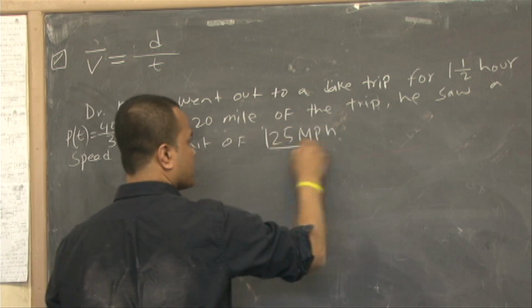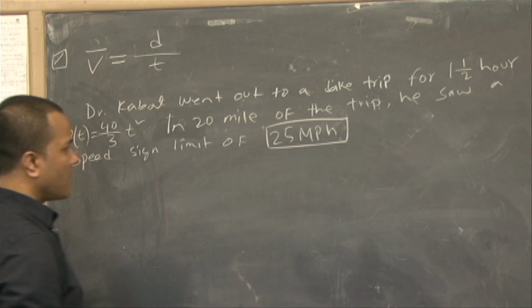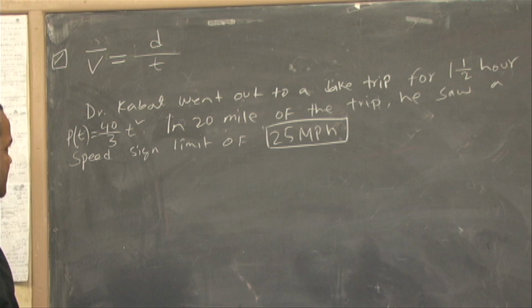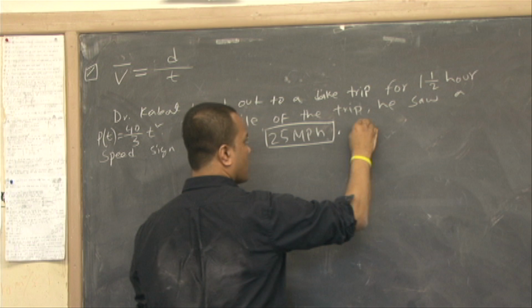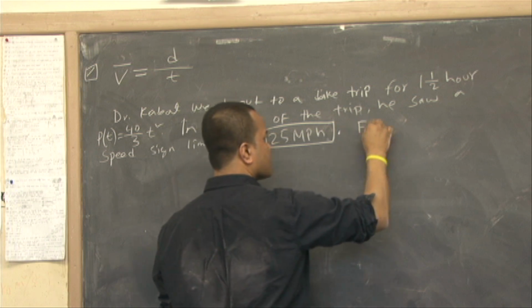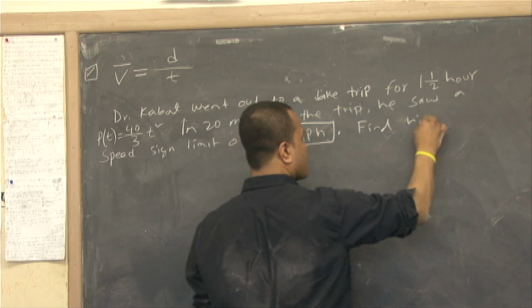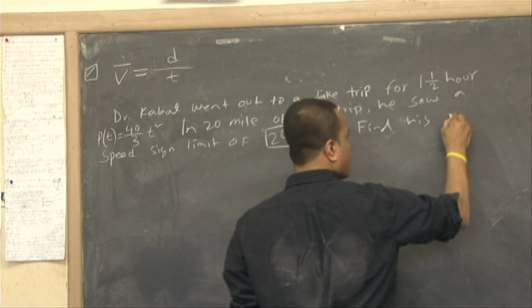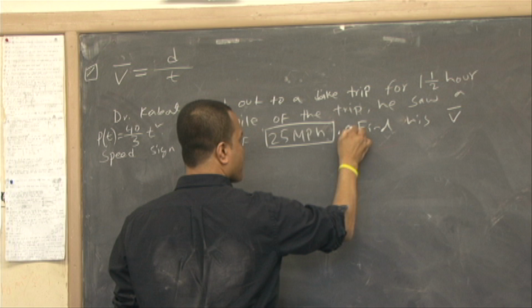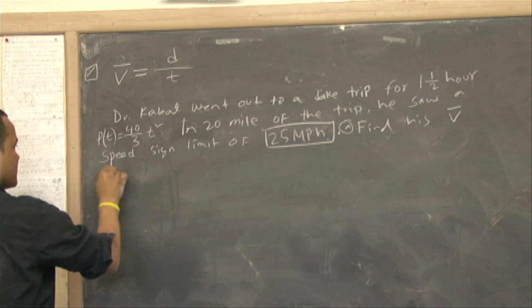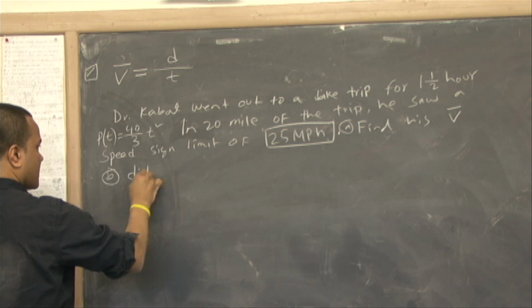Since it is a bike, 25 miles per hour is quite a speed. So find his average velocity, and this is A. B is, did he break the law?